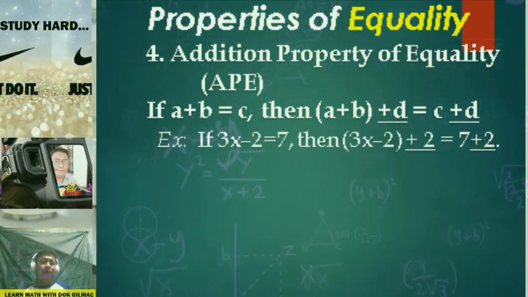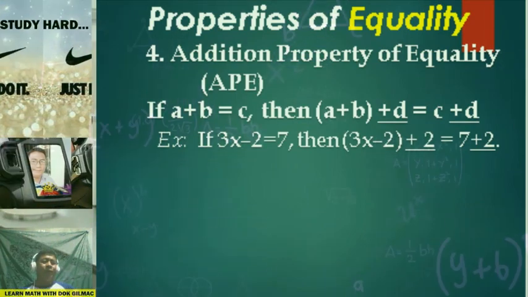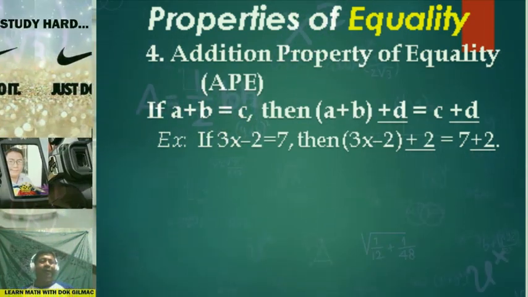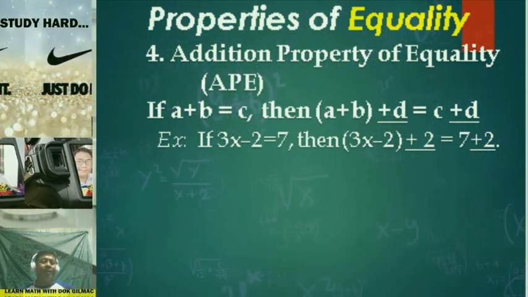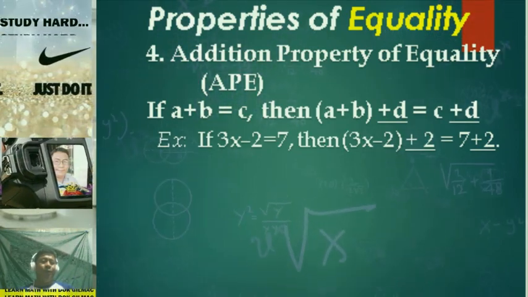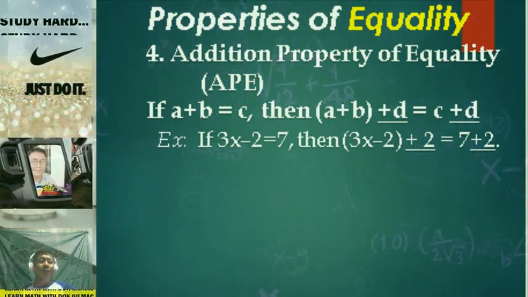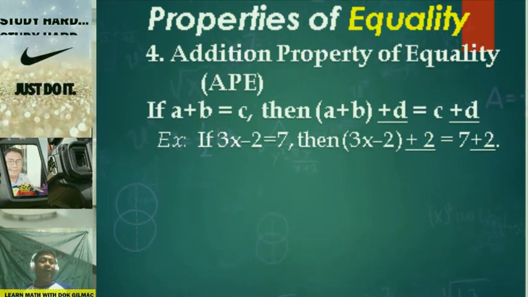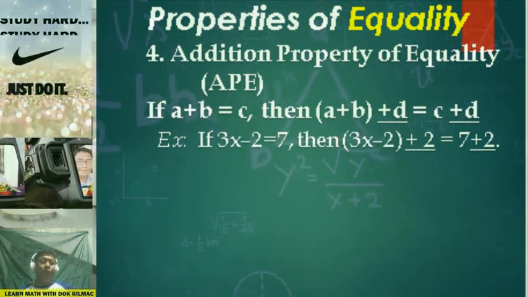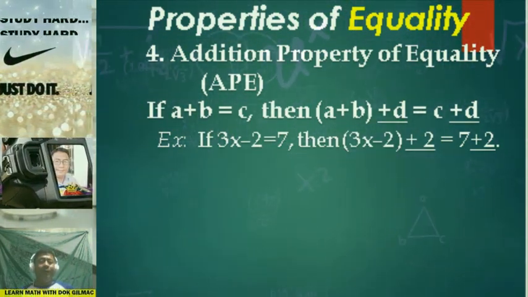For example, if 3x minus 2 is equal to 7, then quantity 3x minus 2 plus 2 is also equal to 7 plus 2. As you can see, you just add 2 to both sides of the equation.